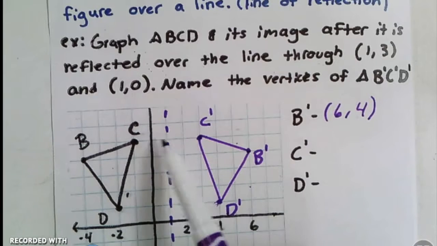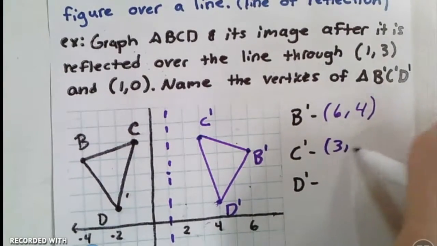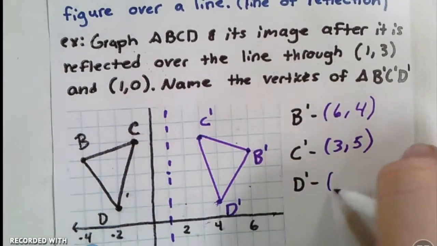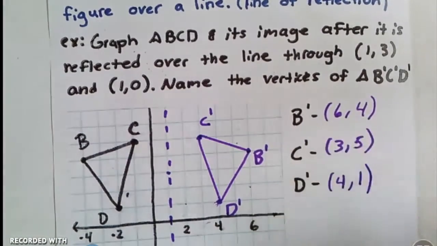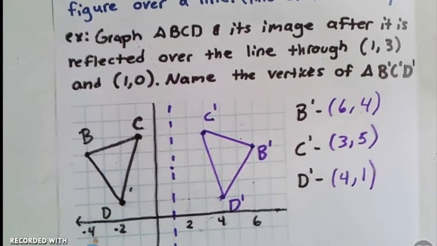C prime is at (3, 5). And D prime is at 1, 2, 3, 4, up 1. And so now I have completed that problem.